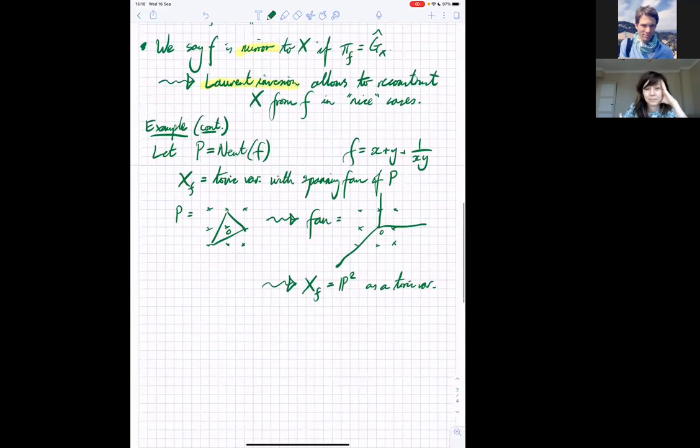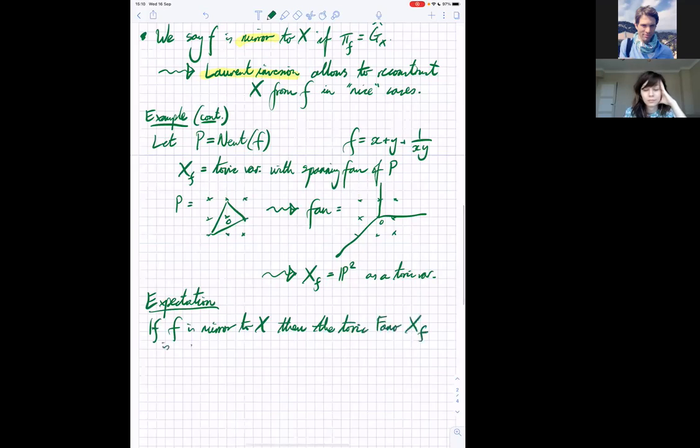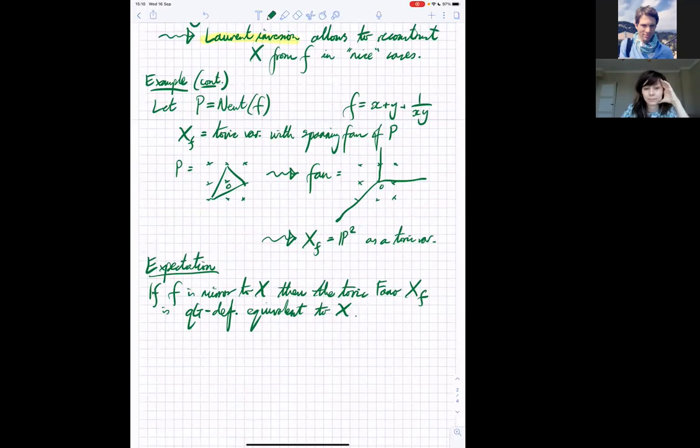And indeed, our expectation is that if F is mirror to X, then the toric Fano variety X_F is Q-Gorenstein deformation equivalent to X. Okay. And I'm guessing that Andreas talked about this a little bit.